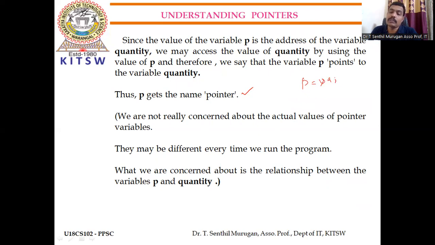After executing some process, I will then assign ampersand b to the pointer variable. So in case my pointer variable is asterisk p, I can assign multiple values. So don't think about the value of the pointer. It may vary at any time. Okay, we only have to concentrate on the relationship between the variables p and quantity.